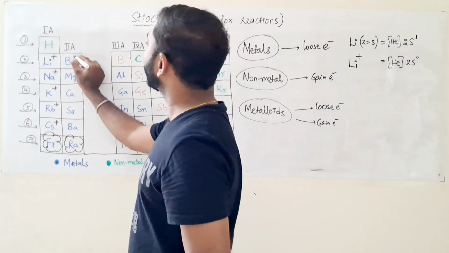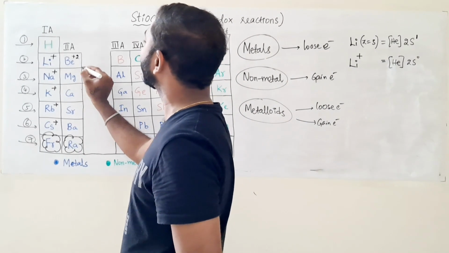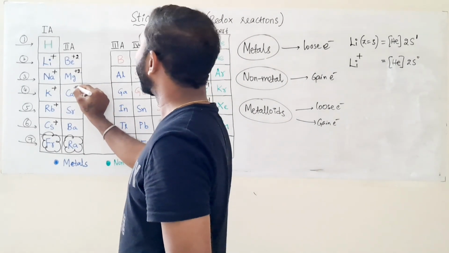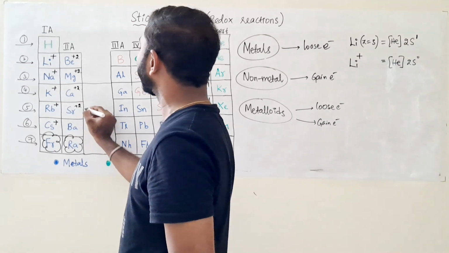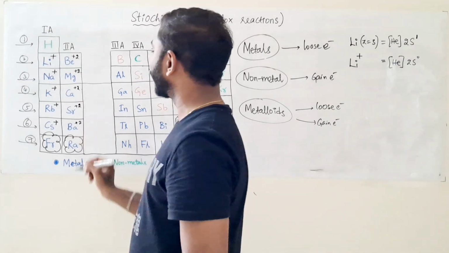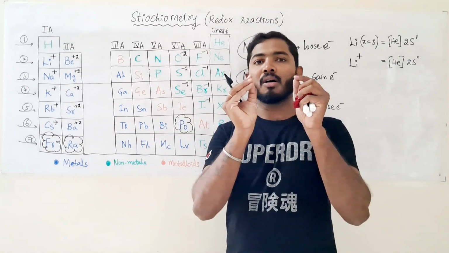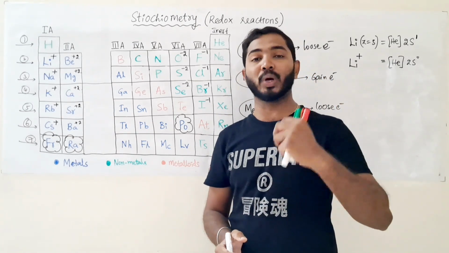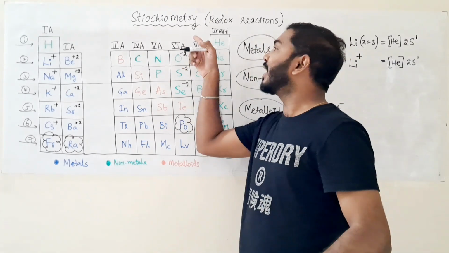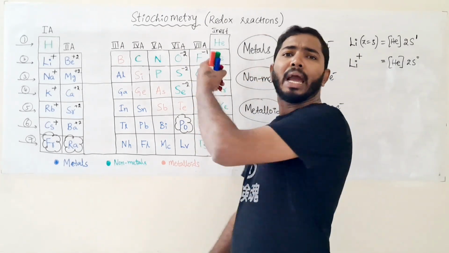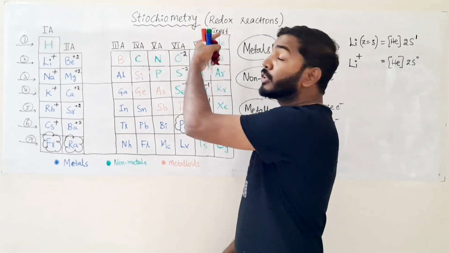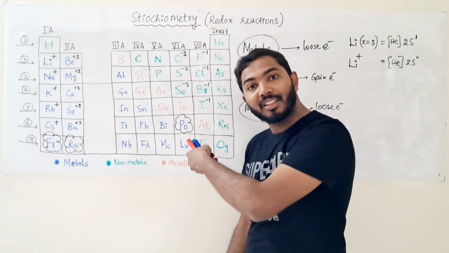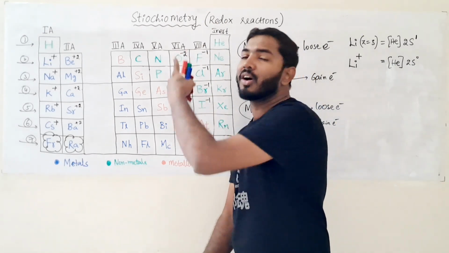Now if you see this, beryllium +2, magnesium +2, calcium +2, strontium +2, barium +2. Not only a particular element, all the 2A group metals are going to get a +2 charge by losing 2 electrons. Those 2 electrons will be readily grabbed by either 2 elements of 7A or 1 element of 6A.